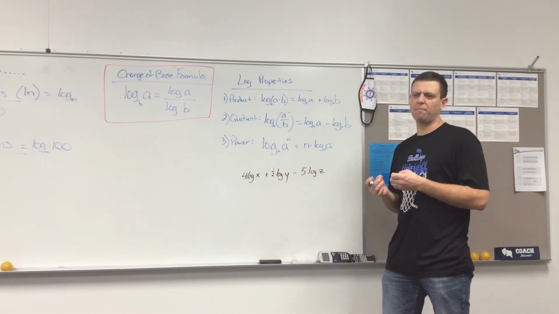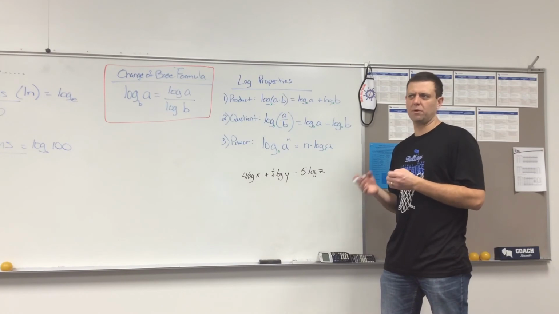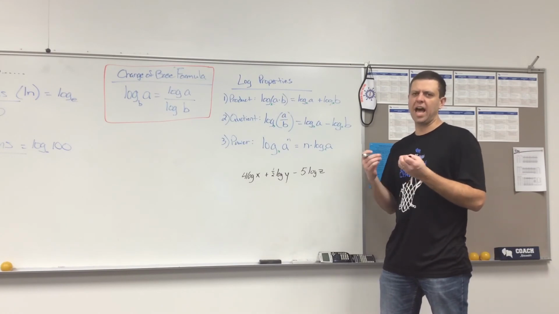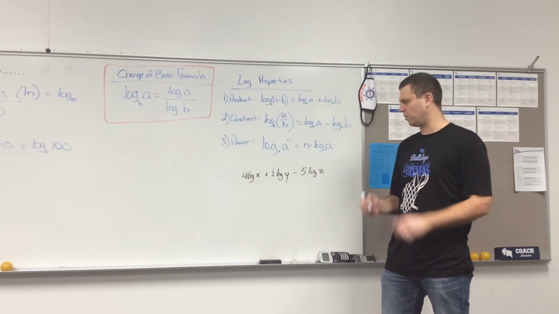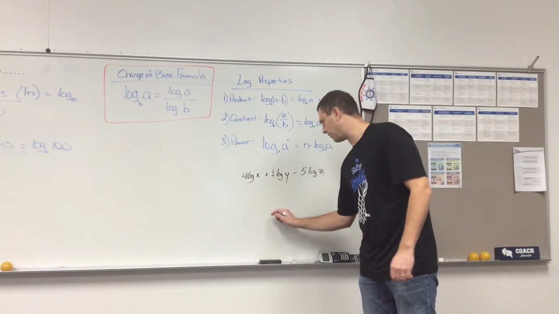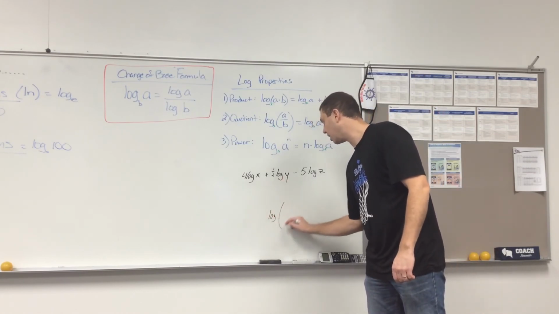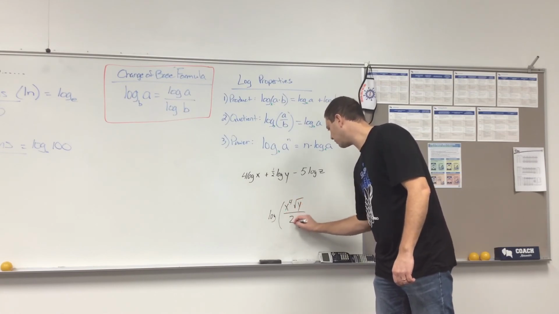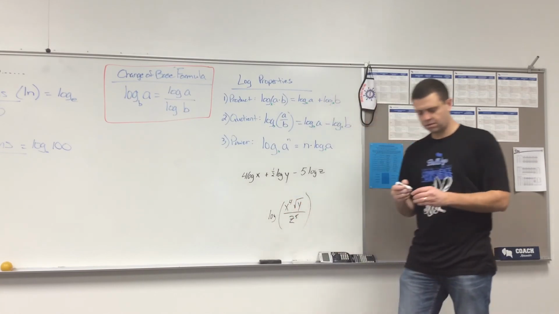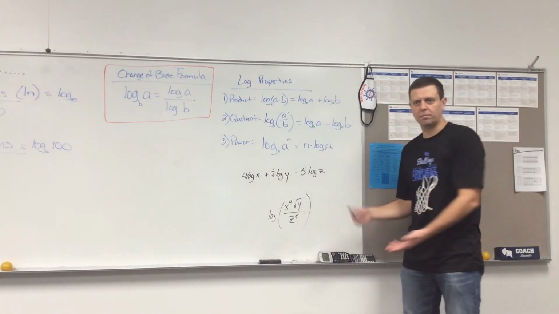Well, a y to the 1/2 power is really what? What's another way of writing y to the 1/2 power? Square root of y. So that'd be the only way I could make it a little bit more challenging. So this answer at the very end would end up being the log of x to the 4th square root y over z to the 5th. I skipped a bunch of steps there, but that'd be the only difference.